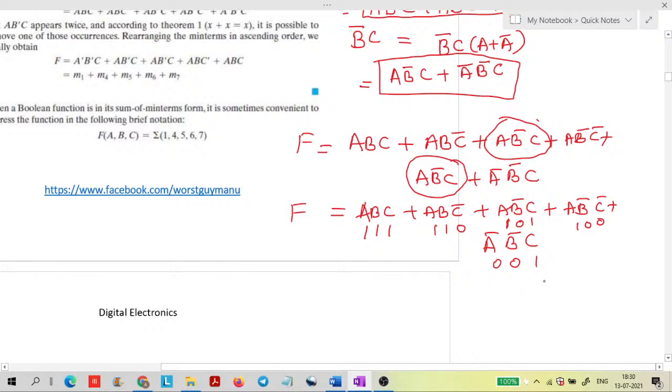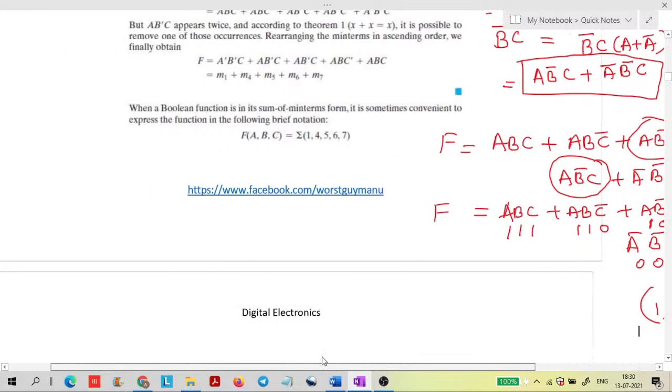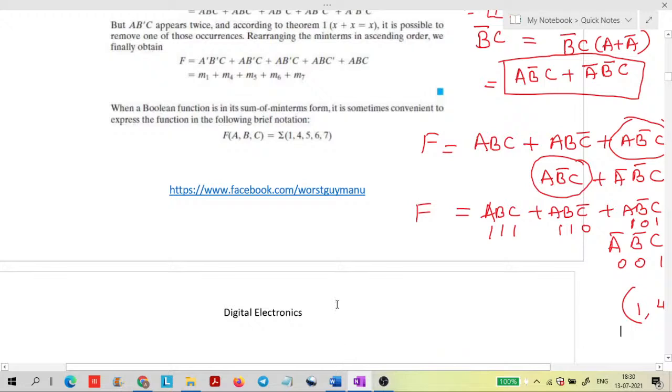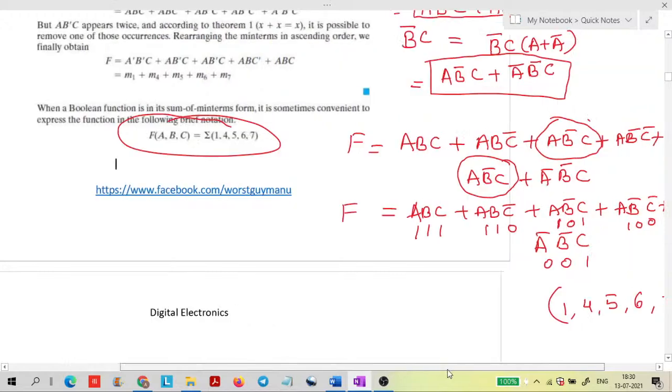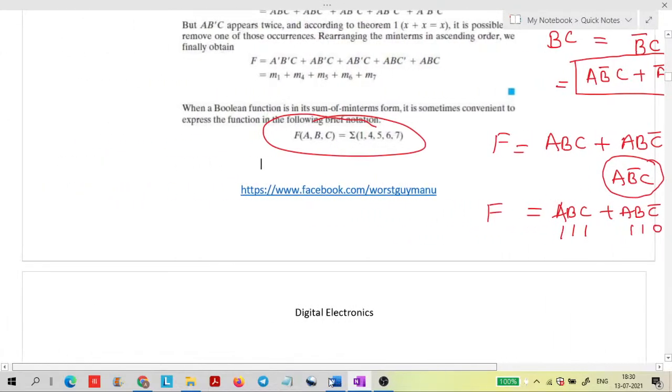So 001 means 1, then it is 4, 101 is 5, then 110 is 6, 111 is 7. So these are the minterms, meaning for these rows in a truth table it is 1. So here we can write the sum of minterms: f of a, b, c is 1, 4, 5, 6, 7.